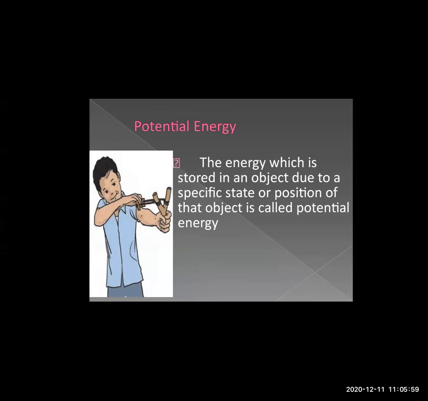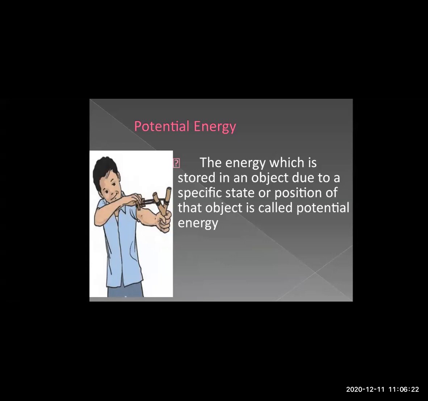He is giving a perfect position or shape to the object, and then he is performing some activity. This activity requires some energy. That energy is called potential energy.